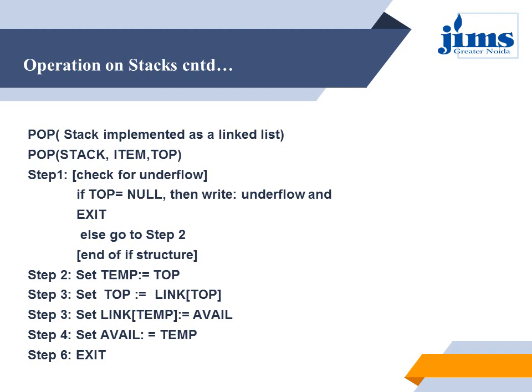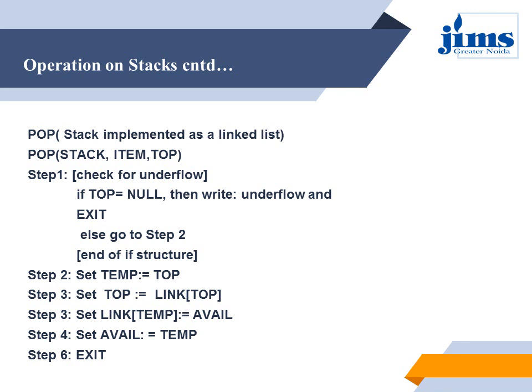Then if not, I'll make a temporary variable, the temp node, which will point to the top node. So temp will now be equal to top, and now top will become link of top.